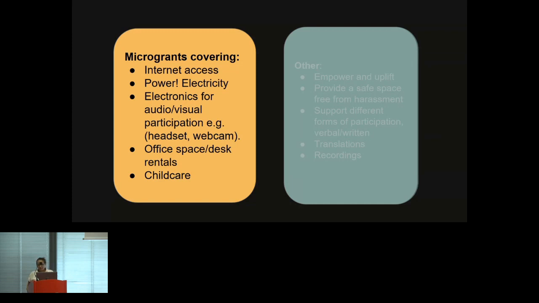So our microgrants also cover costs for internet access, electricity, audiovisual, electronics, so headsets, cameras, office space for uninterrupted participation, childcare and transcriptions and so on. And a few things to keep in mind here, the microgrants don't come after the event.